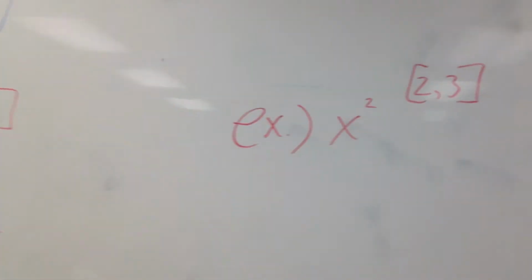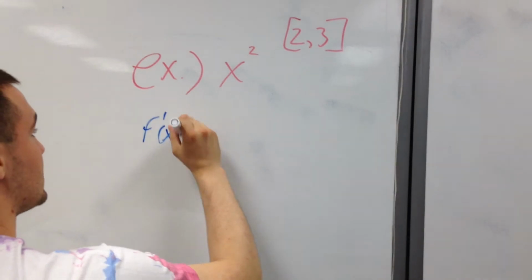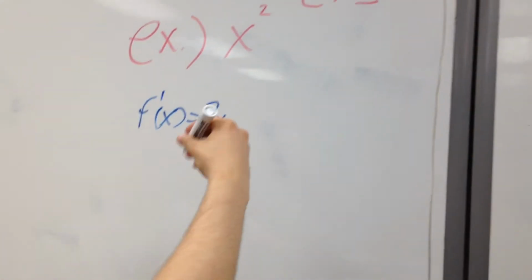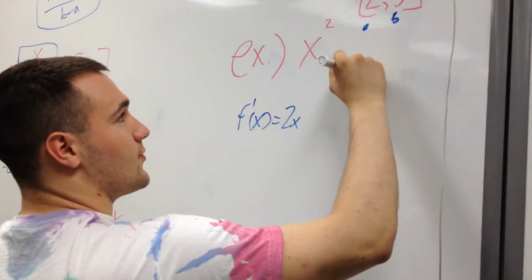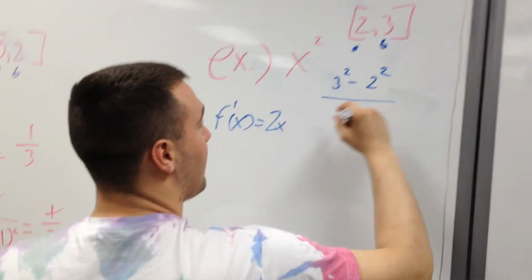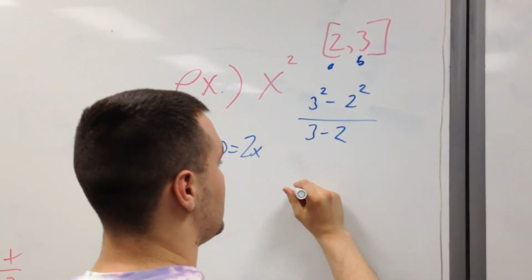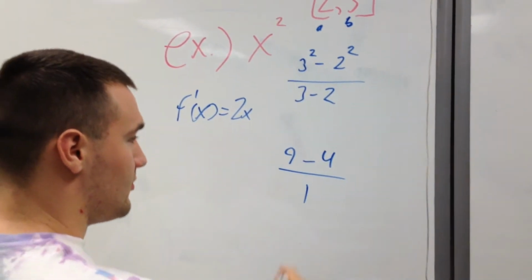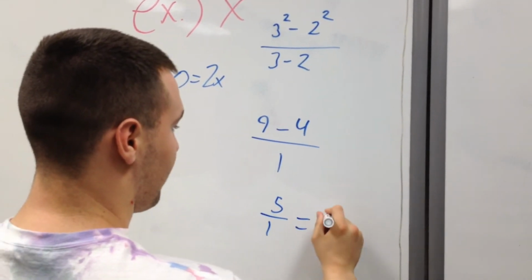Now let's do a really simple one real quick. The derivative of that, we know, is just going to equal 2x. Simple enough. Then you do your mean value theorem. That's your b, that's your a. That's going to be 3 squared minus 2 squared divided by 3 minus 2. 3 squared, 3 times 3, is 9, minus 4, that's 5 over 1, which is just 5.